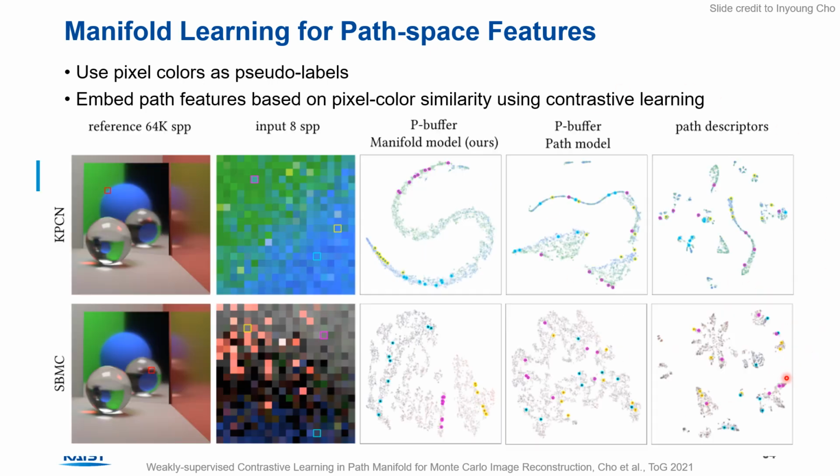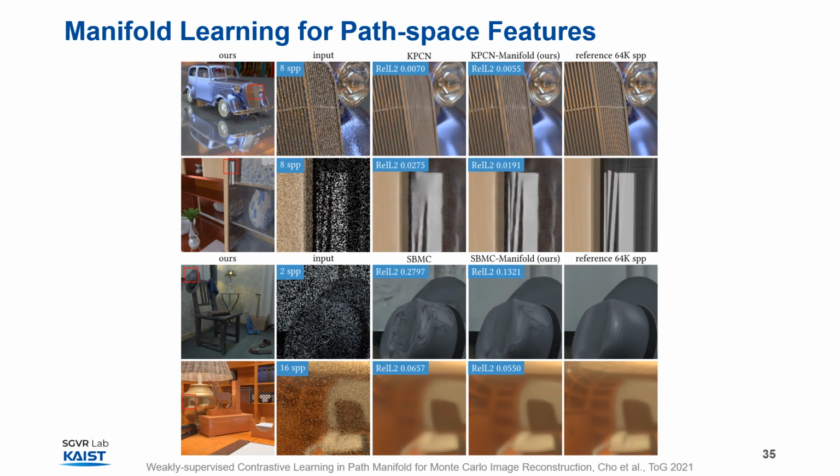And here, we can see that the paths contributing to the same pixel are embedded into local areas using manifold learning. Using the manifold learning, the work could better reconstruct complex lighting effects and fine details.